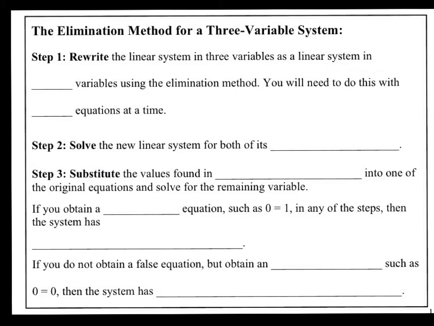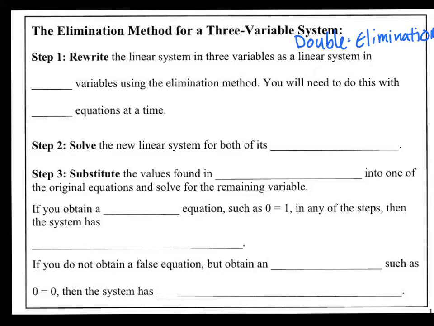So the elimination method for a three variable system, we call this double elimination. There are multiple steps. It takes me about 5 steps, essentially, and you'll see once I do an example with you how to get through the double elimination process.